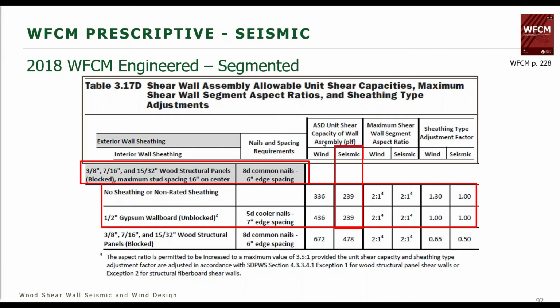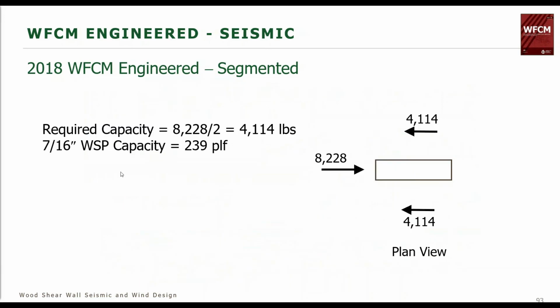So our unit shear capacity, based on the exterior being the 7/16 wood structural panel and the baseline nailing, no gypsum, no interior sheeting, is 239 pounds per linear foot. So that's the capacity of our shear wall. And we still have to adhere to the aspect ratio adjustments as well. So that's the stiffness adjustment based on 2B over H.